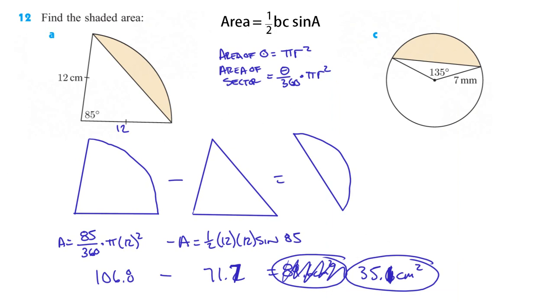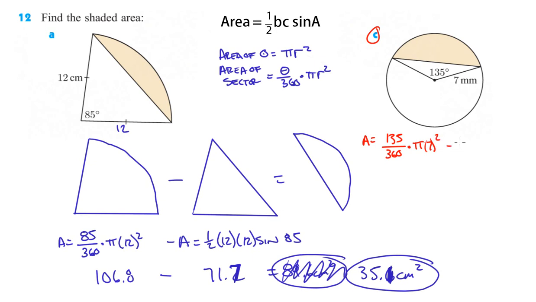Okay, let's take a look at C now that we've taken up all the space. C is going to be kind of the same idea here. We're going to want to take the area of the whole sector and subtract the area of the triangle to give us the shaded piece here. Okay, so let's do that same thing. So let's do C in red. So we're going to do area is going to be 135 over 360 times pi times our radius, which is 7 squared.